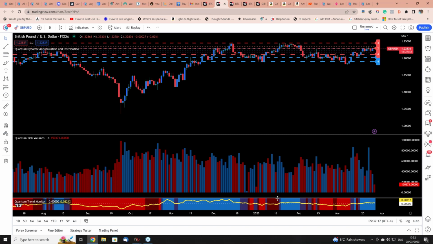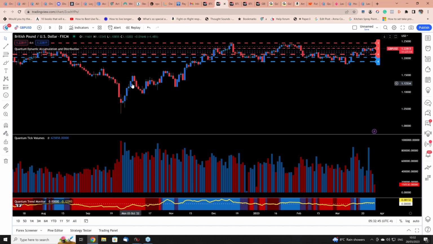But the primary function of the trend monitor is to help to keep you in a trade once it starts to develop. So it will tend to only change color into these transitional colors of darker red and darker blue once it notices that a trend has perhaps changed. And this is a classic example, if you like. We saw this trend, it was going on and on and on. There's no change on the trend monitor here. It hasn't changed. Then you start to see the volume come in.